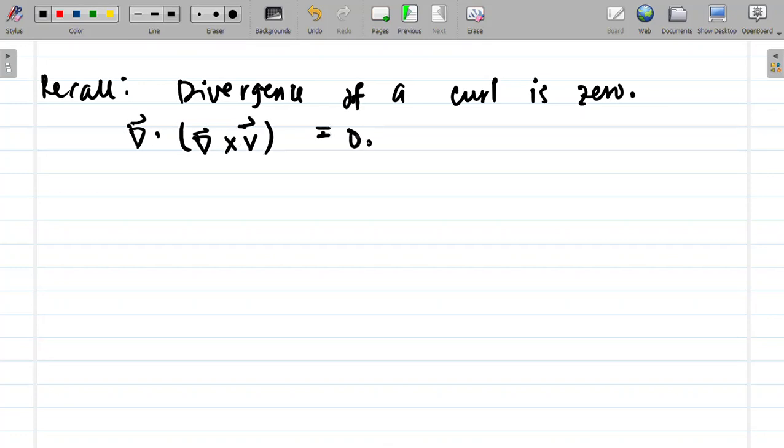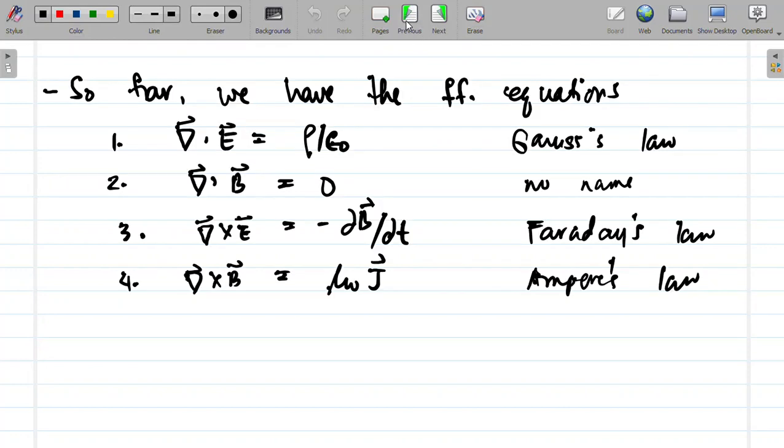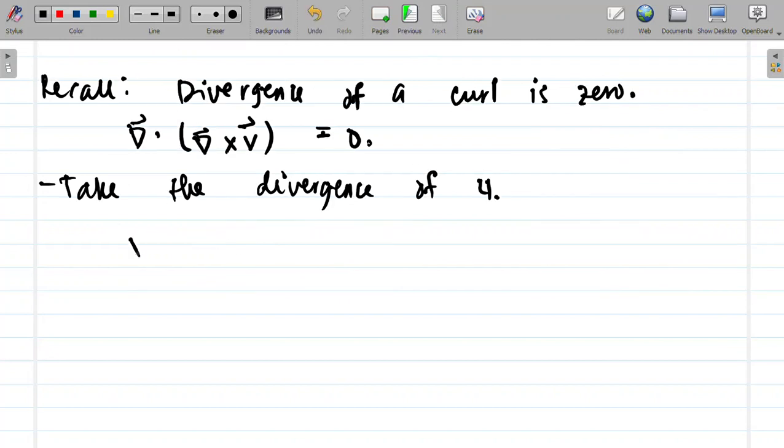That is automatically 0. I think we derived this from our very first lectures. Now, what we'll do is take the divergence of Ampere's law, our equation 4, taking del dot of both sides. So we have del dot, del cross B, which is del dot mu naught J.